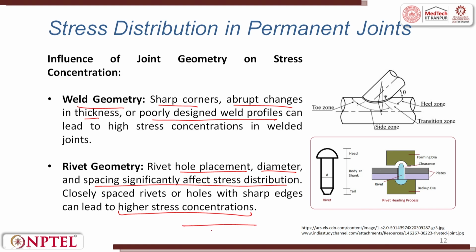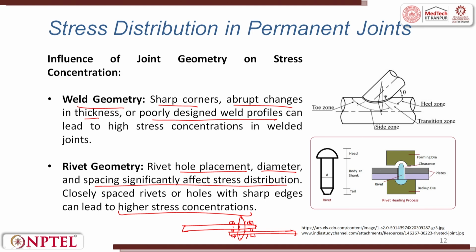Also, if a joint is to be made between two parts, this is part 1 and part 2, it depends how close you are placing rivets. If it is very close, the stress concentration would be high. If it is far, if you put one rivet here and the next rivet far off, the stress concentration would be lesser in the middle area.